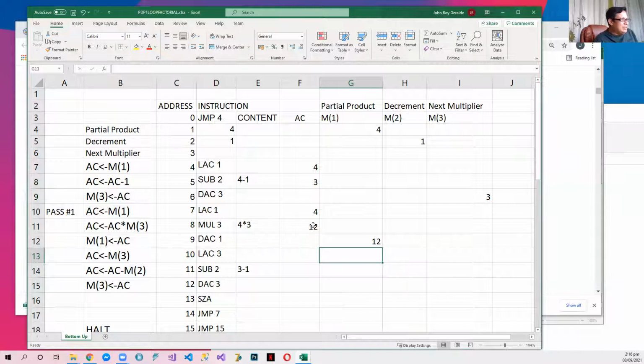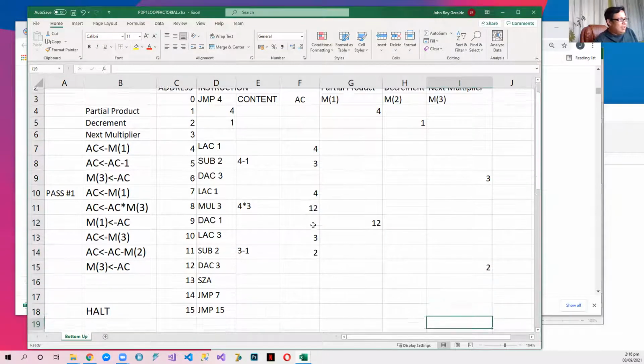So deposit 1, so this becomes 12, and LAC 3, the accumulator becomes 3, and then we have sub 2. So 3 minus 1, this becomes 2. Okay. DAC 3, so the 2 we deposit here, no? Do you follow?